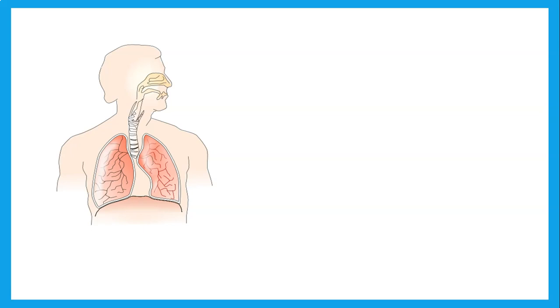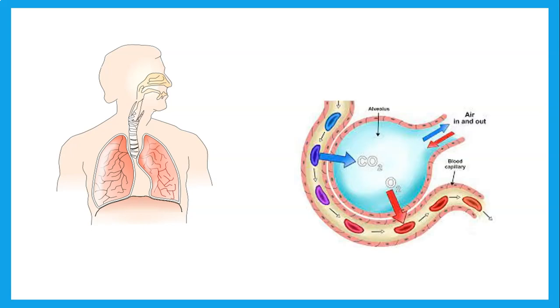For example, in the lungs, we have diffusion of gases between the alveoli and the red blood cells in the blood capillaries. So carbon dioxide moves out of the blood into the alveoli, by diffusion, and oxygen moves from the alveoli to the red blood cells, and that is also by diffusion.